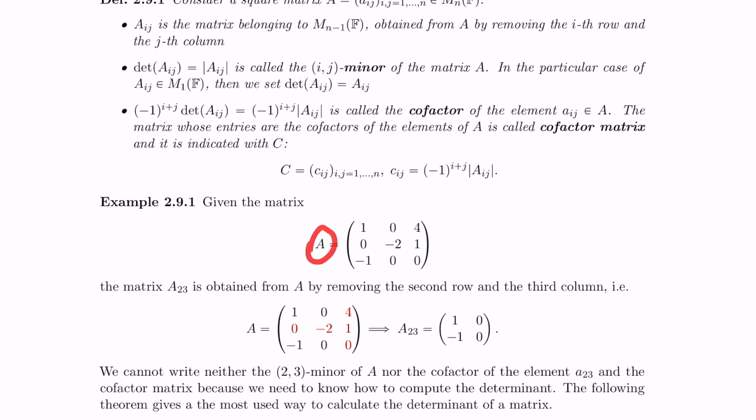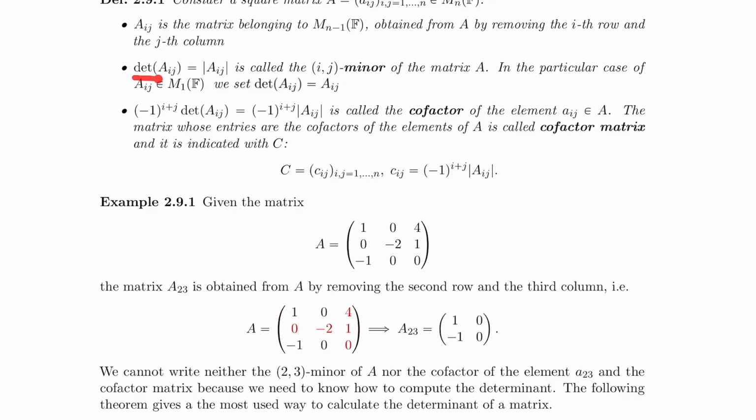Consider this matrix of order 3. Then A23 will be a matrix of order 2 obtained from A by removing the second row and the third column. So A23 will be what remains, that is, the matrix whose entries are these ones here.